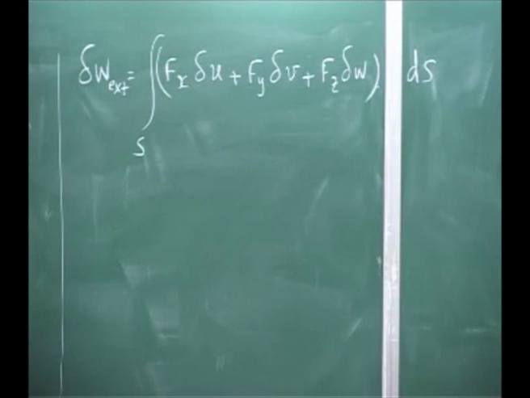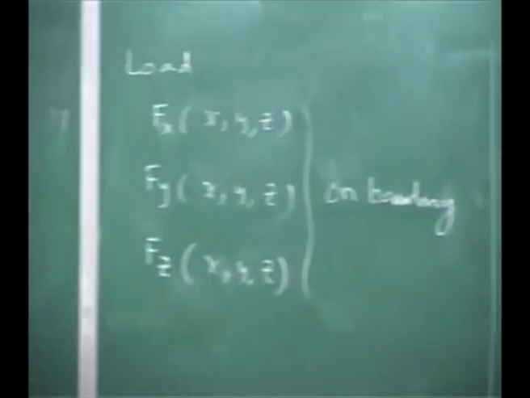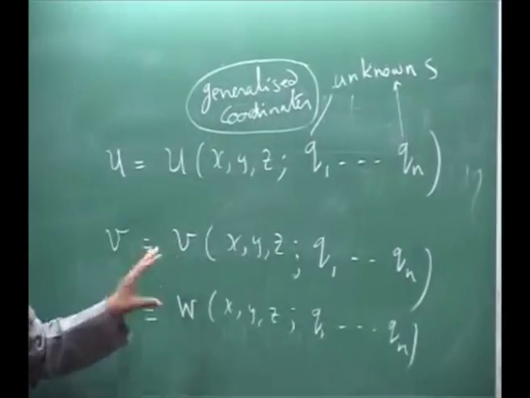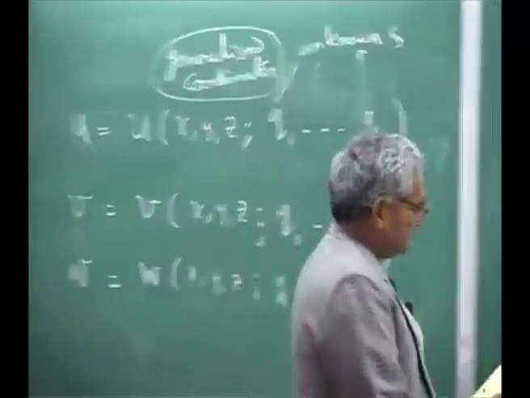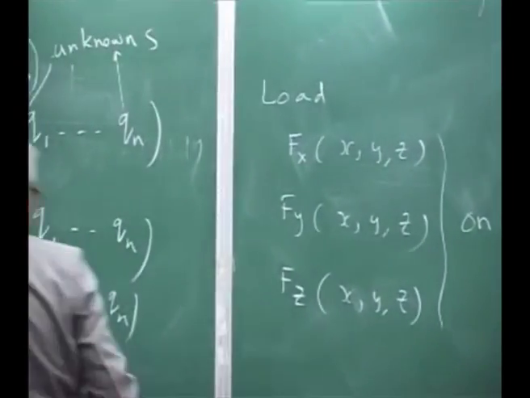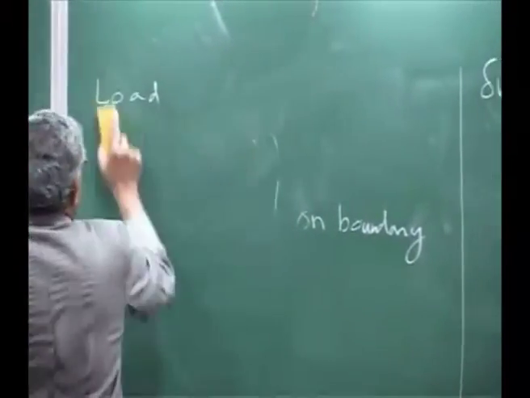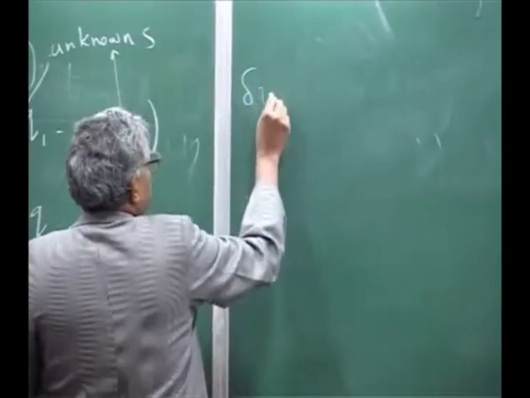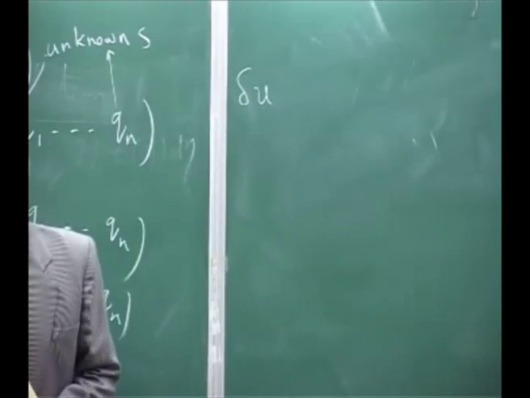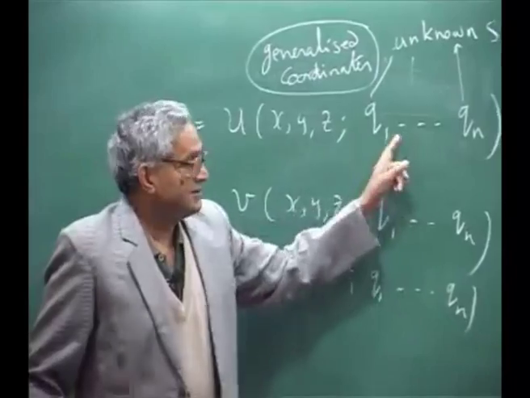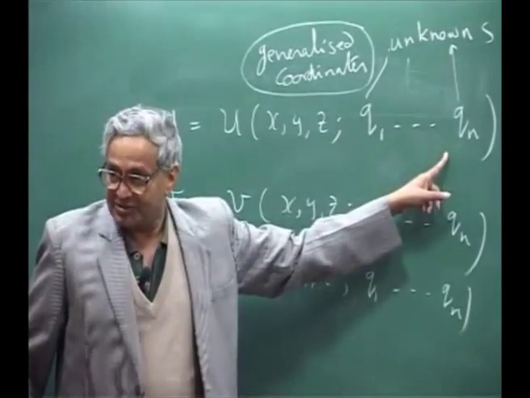Now we need to see how delta U, delta V, delta W we can write in terms of what we assumed. Your delta U, the variation in U, is due to variation in every one of these generalized coordinates.